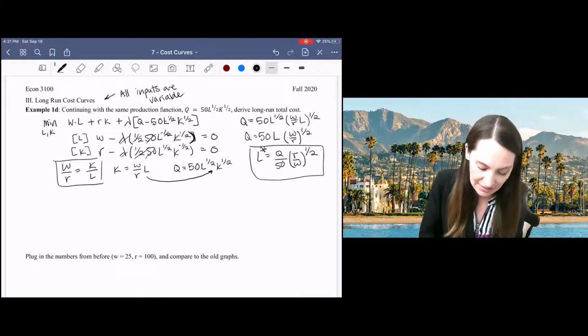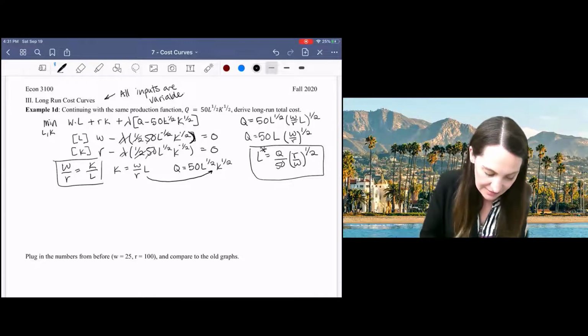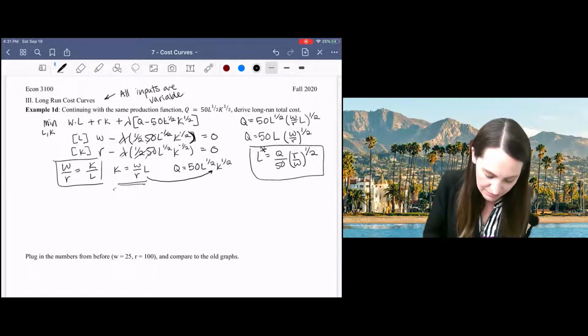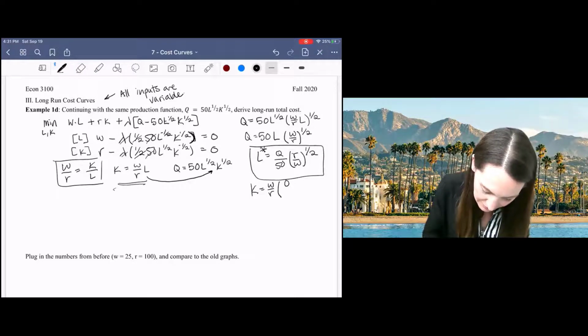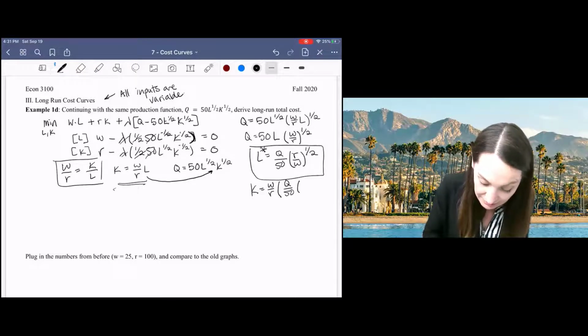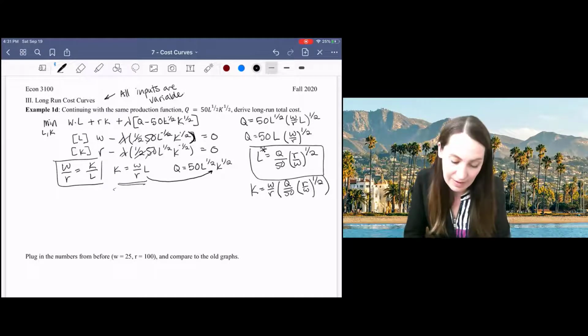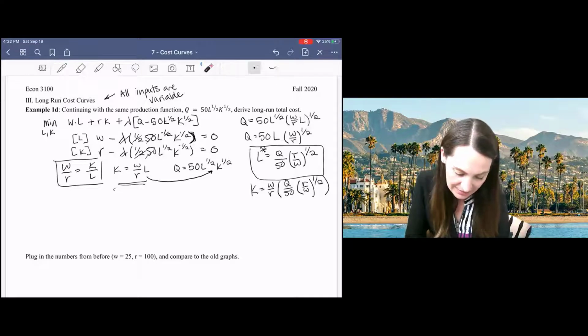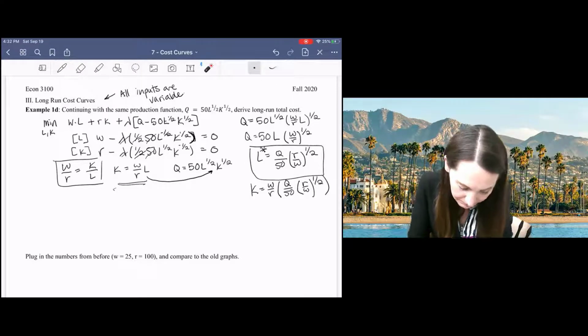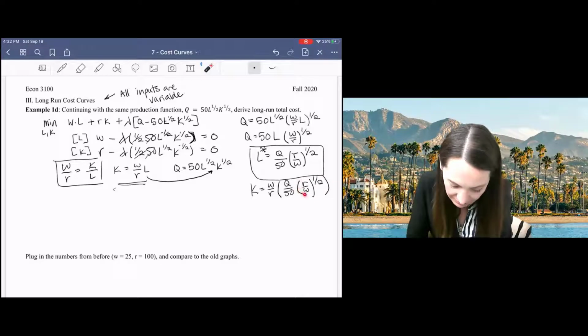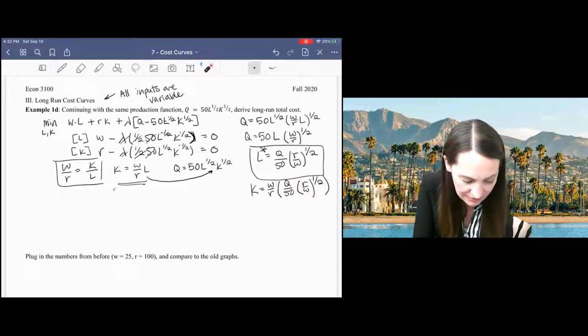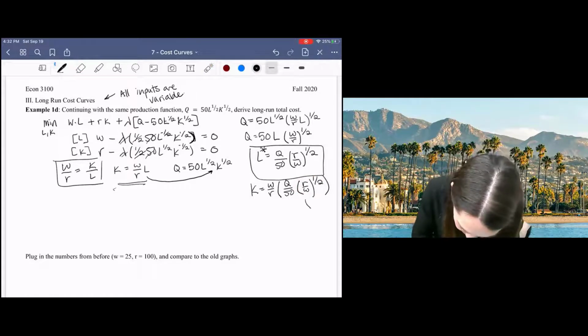And then to get my demand function for capital, I'm going to take that and go back to this optimality condition. So capital is equal to W over R times labor, which I can now plug in. And again, remember here that this term we can write as W over R to the negative 1/2.